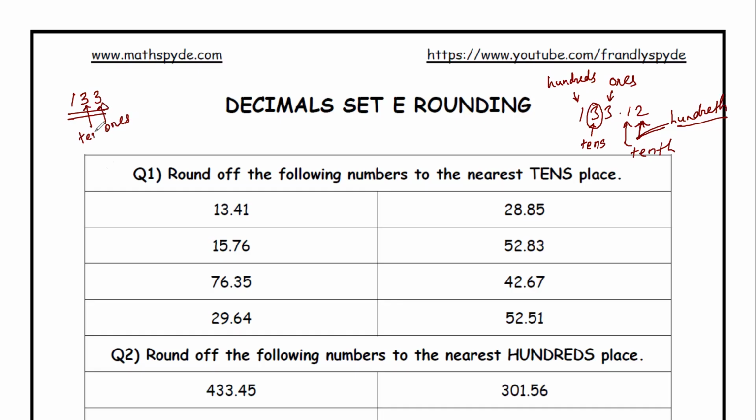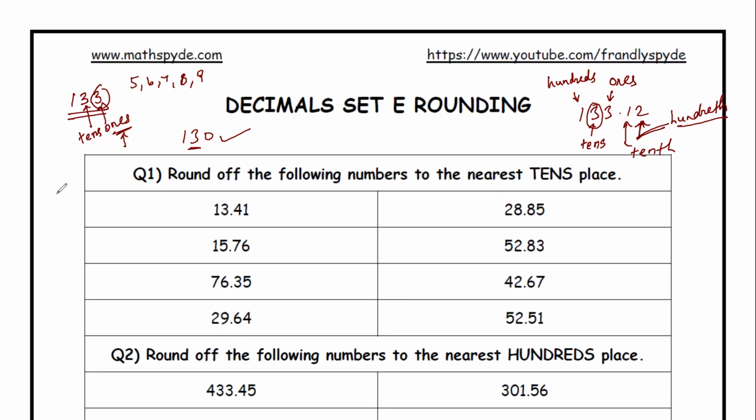So I'll be looking at the ones place. If the ones place number is greater than 4, like 5, 6, 7, 8, or 9, then the number goes up. 133 would become 130, meaning this would not change.